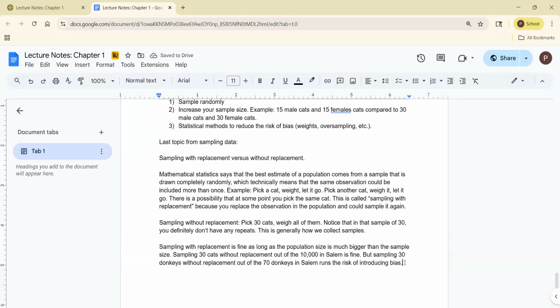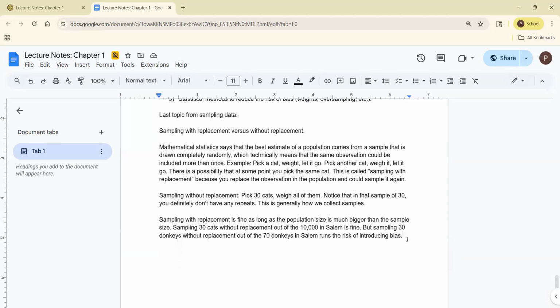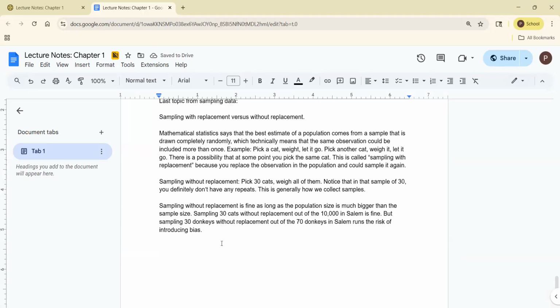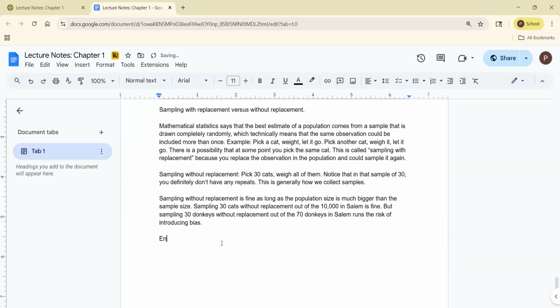So most of our studies that we look at, most of the time you collect data that's observational, you're going to be sampling without replacement. Sampling without replacement is fine as long as the population size is much bigger than the sample size.